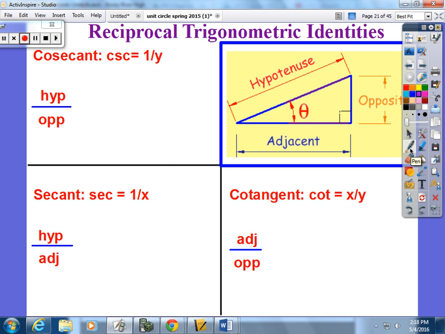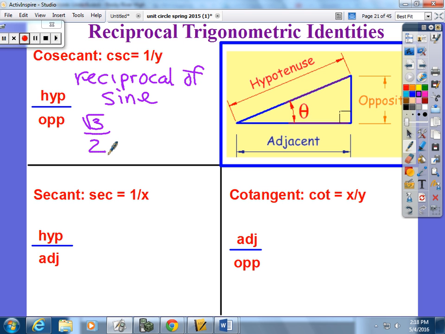Okay, so now the cosecant can be written as 1 over y, because cosecant is the reciprocal of sine. So if the sine of your angle is square root of 3 over 2, that would be your 60-degree angle.